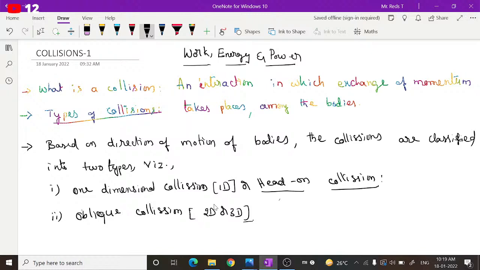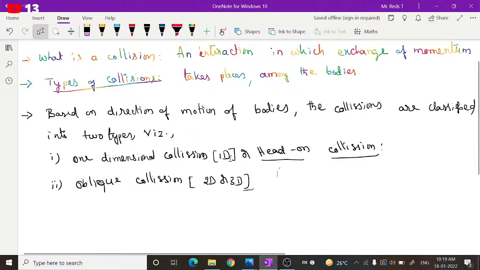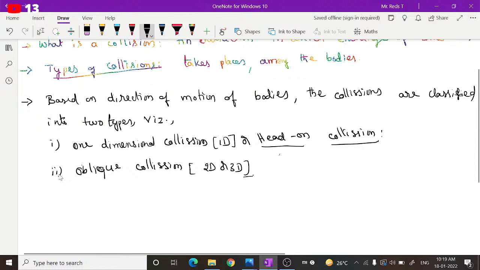Such collisions are called one dimensional collisions or head-on collisions. Those who have not copied, you can copy this: one dimensional or head-on collision.